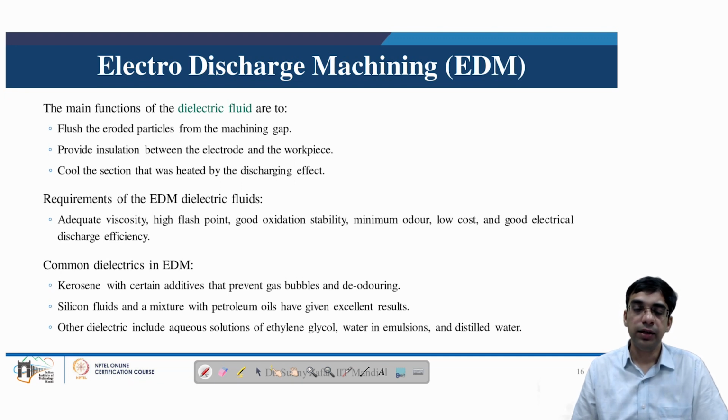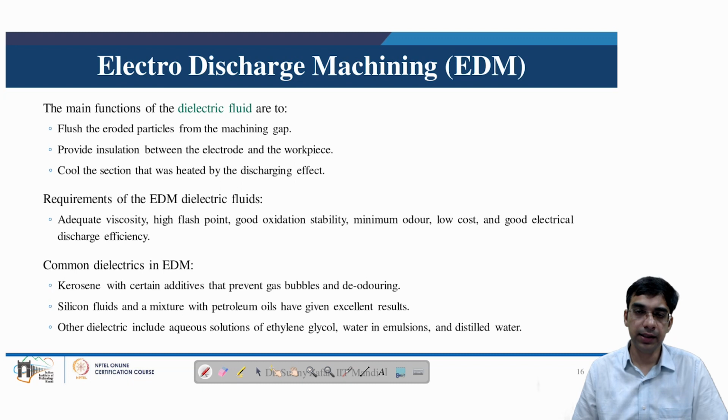The adequate characteristics or requirements for any fluid to act as a dielectric in EDM are that it should have adequate viscosity, it should have a high flash point, that is, it should not easily catch fire. It should have good oxidation stability, minimum odor, and should be available at low cost with good electric discharge efficiency.